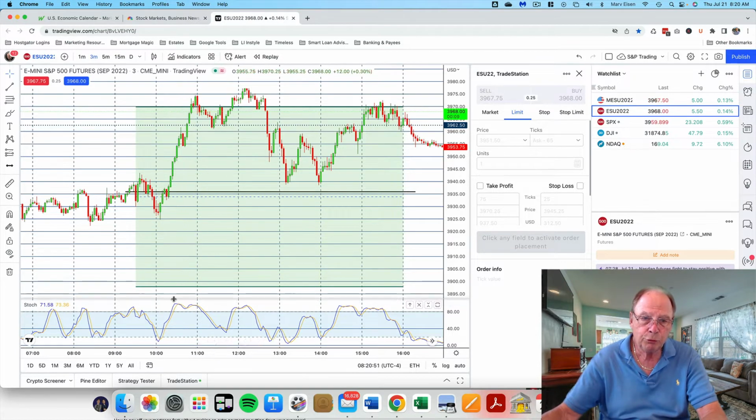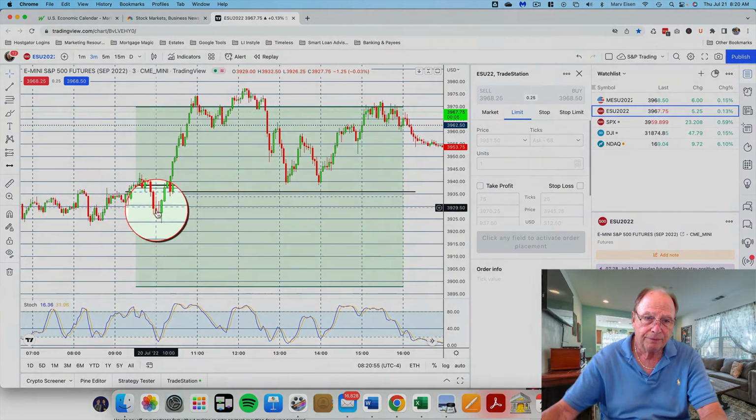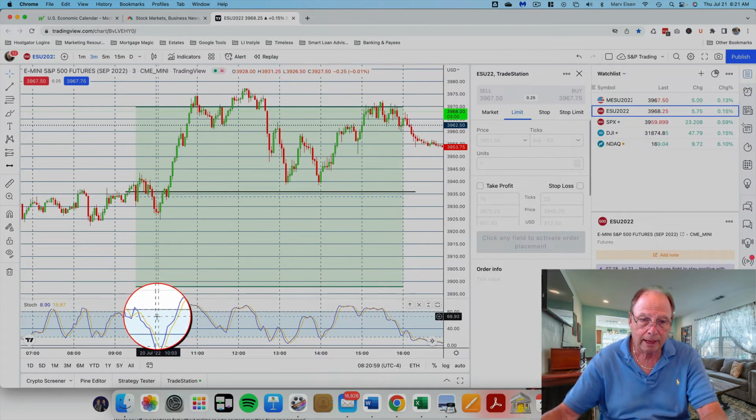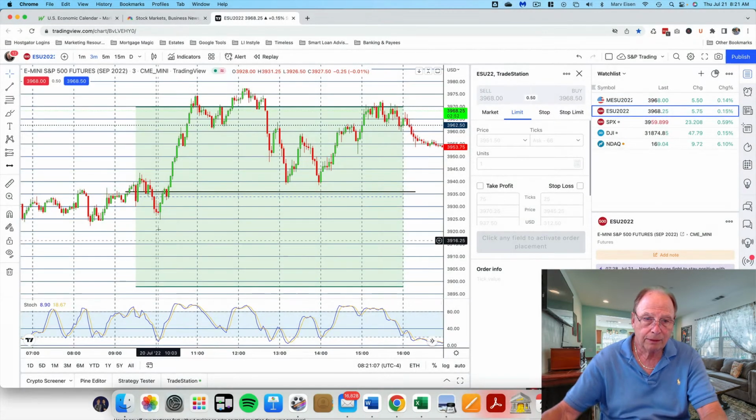I'm going to point out right over here, there's a candle with a shadow to the downside and an oversold stochastic, and so that would give an indication to me that the market might be reversing here and moving in the opposite direction, to the upside.